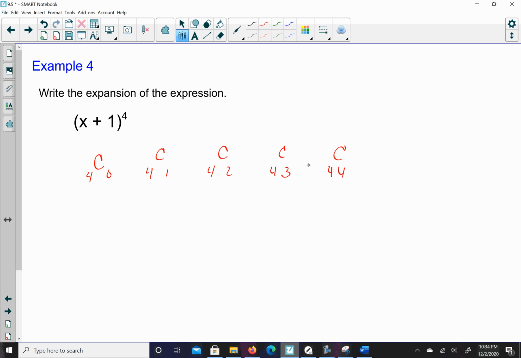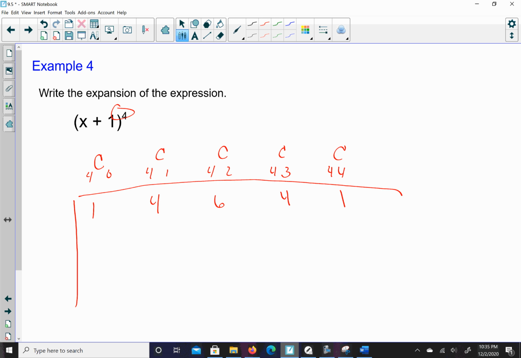I could do all that, or I could just go back to Pascal's triangle and see that it's 1, 4, 6, 4, and 1. Up to you how you do that. If I'm raising something to the 4th power, I think it's a lot easier just to do the triangle and find those coefficients. If I'm raising something to the 57th power, I might not want to write 58 rows of Pascal's triangle.